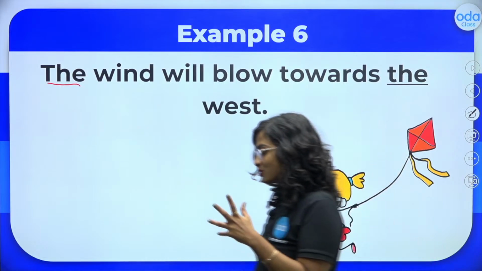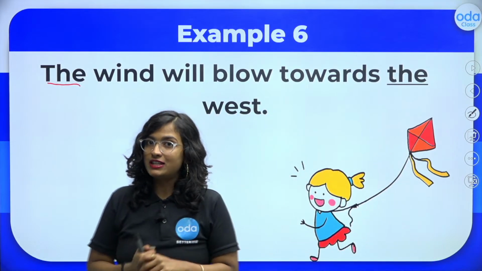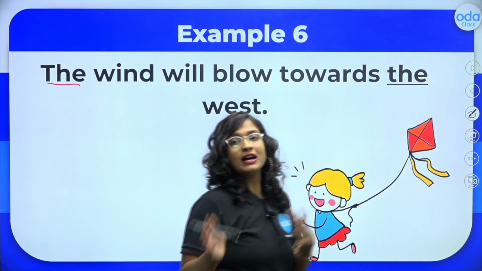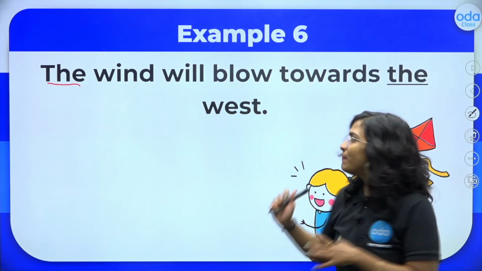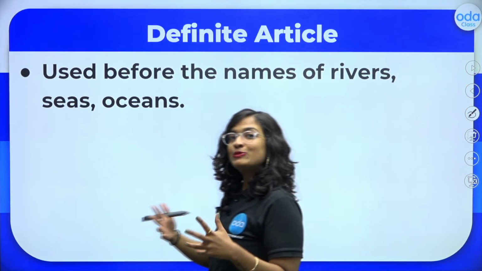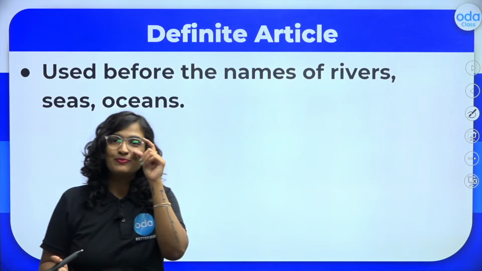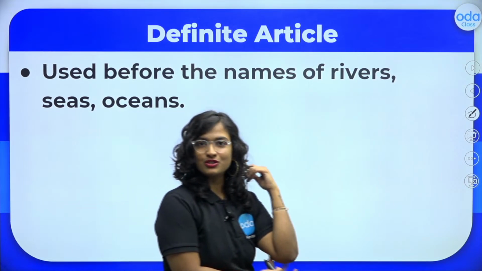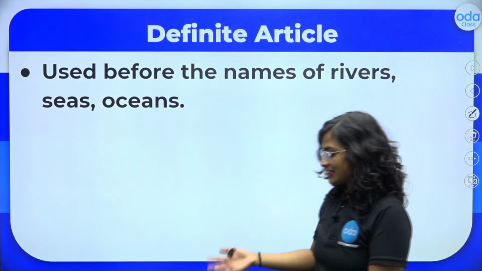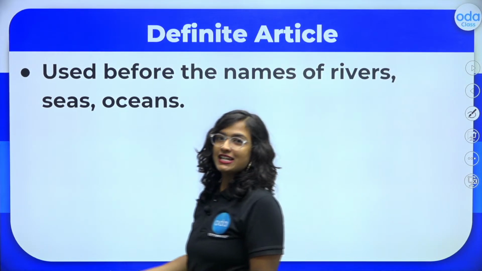Now moving on to another great use of our definite article, students, and we can relate this one back to our large geographical areas, because we also use our article the before names of rivers, seas and oceans. Now if we really think about it, students, what is a sea, what is an ocean? These are essentially large geographical areas.